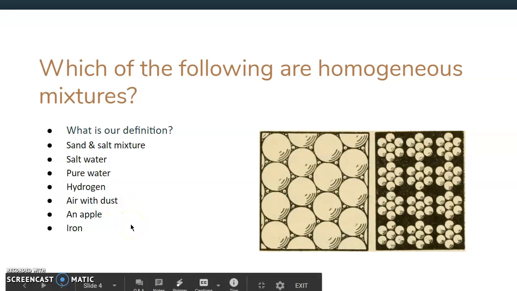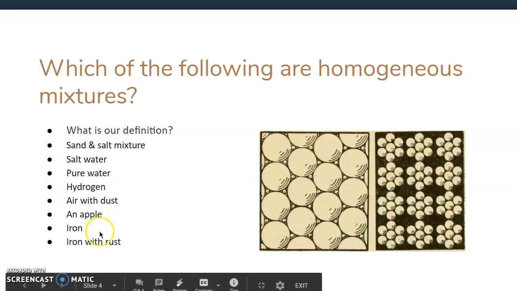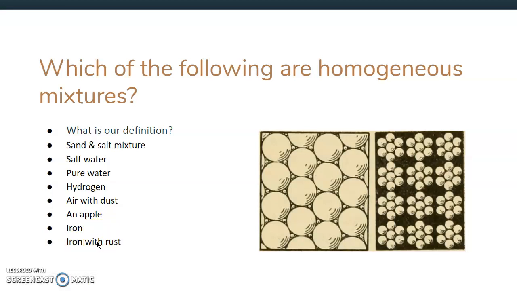Iron is a good example of another element. Iron's abbreviation is Fe, so it means that it is an element on our table. And then iron with rust. So if we're thinking about an iron beam with rust on top of it, the rust is on the outside, while the iron in the middle is the same.